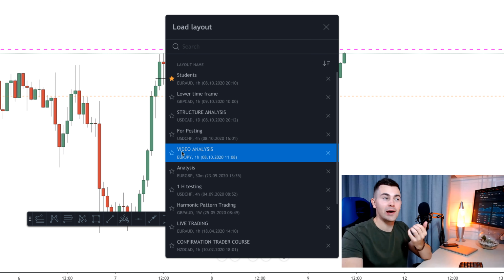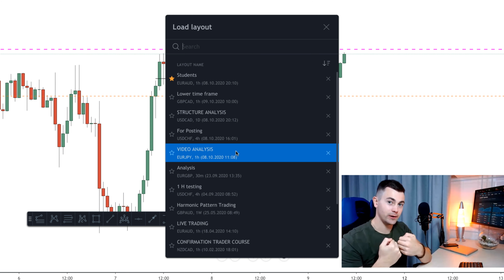I have a layout for videos, like right now I record the video for you and apply this layout for video recording. But I also have different layouts for my personal trading. Let's discuss in detail the layouts that I have there.